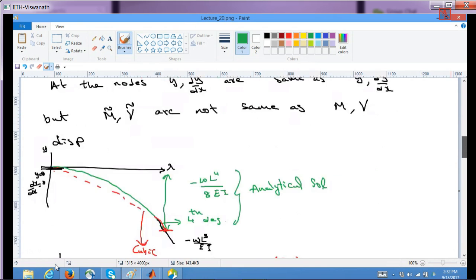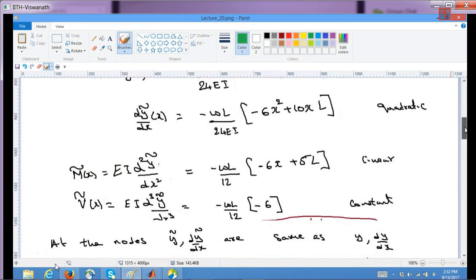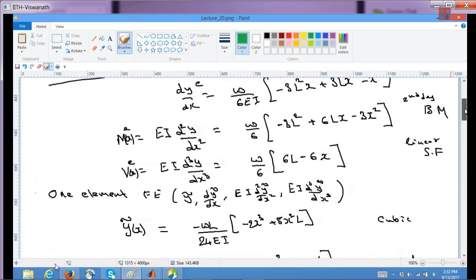Whereas if you look at your analytical solution, if I substitute L, this is 3, this is minus 3 plus 6, minus 3, it will go to 0. So that's the reason it is different.